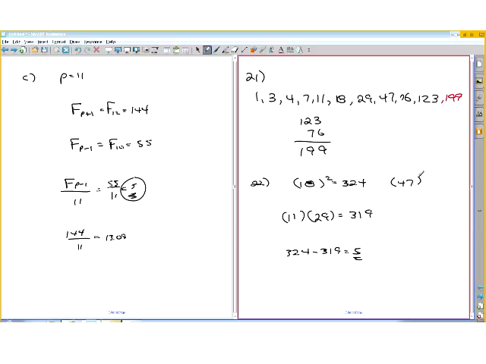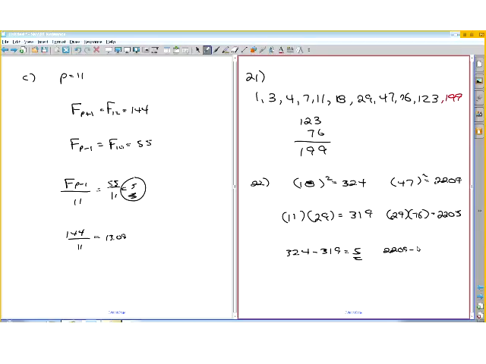Let's pick 47. 47 squared is 2,209. So let's take each term on either side, which is 29 and 76. 29 times 76 is equal to 2,204.